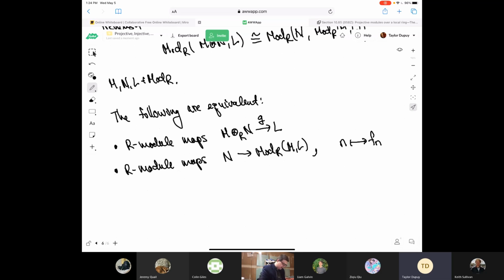And third, R-bilinear maps from M cross N to L.